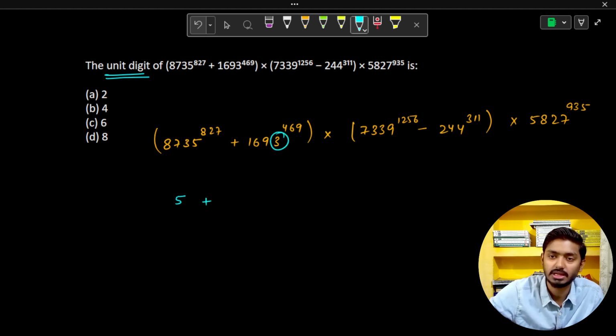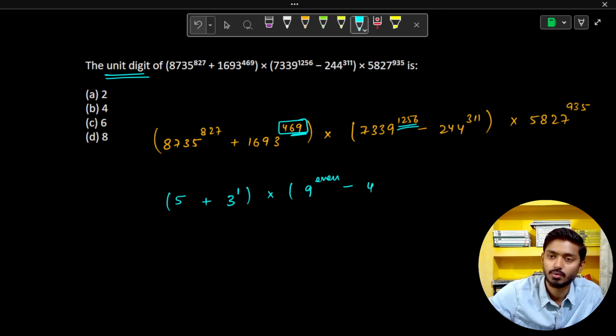3 has a cyclicity of 4. So we'll have to divide 469 by 4, actually just the last 2 digits, and we get 1 as our remainder, multiplied by, again we'll write 9, and 9 takes the cyclicity of 2. We'll talk about even or odd. We can see this is even, we'll just write even over here, minus 4 takes a cyclicity of 2.